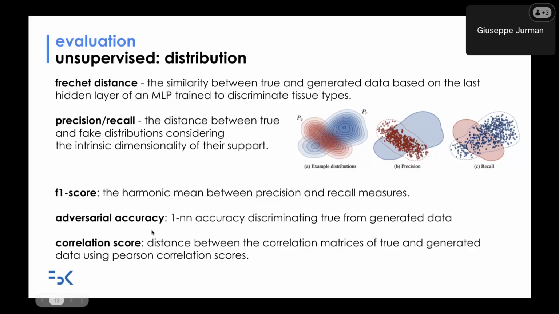So we can use a statistical metric like the correlation matrices of the true and generated data using Pearson. So all this kind of metric has been used to compare different distributions between the true omics data that has been used as an input for the generating model and the obtained synthetic data.